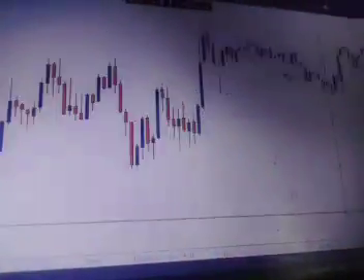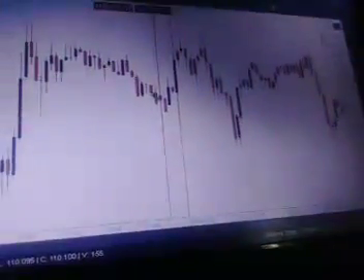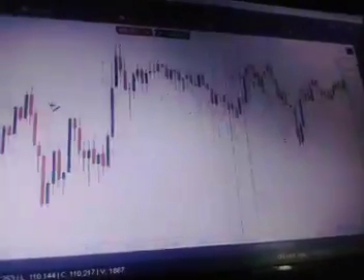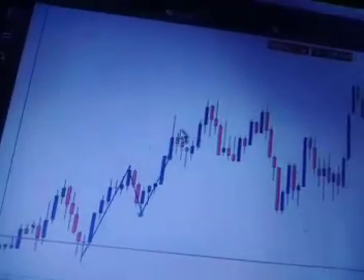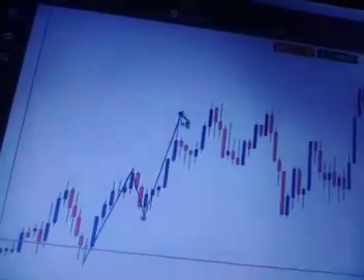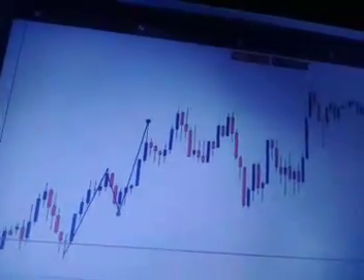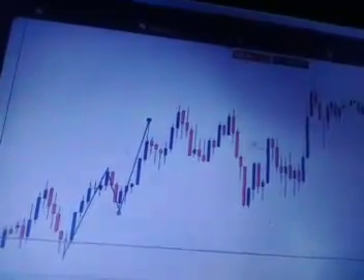Then the market, oh sorry about that. Okay, so the market now goes up and makes 3. Now what you're looking for is the market to come back to this level here.